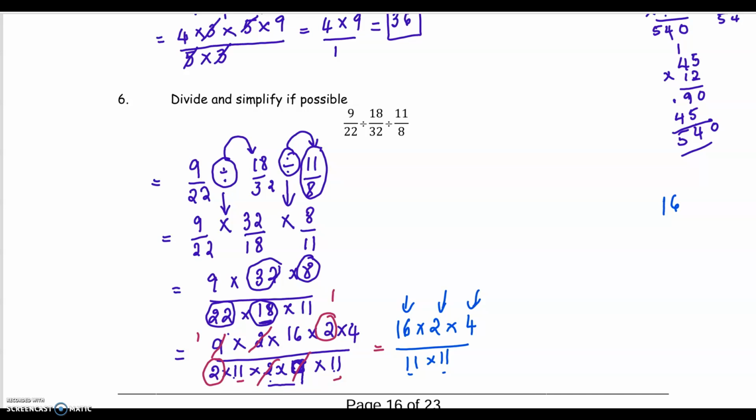So 16 times, and 4 2s are 8. These two together make an 8, so I'm going to just multiply. 6 8s are 48. 8 1s are 8, 9, 10, 11, 12. It's 128 in the numerator and 11 times 11, which is 121, in the denominator.